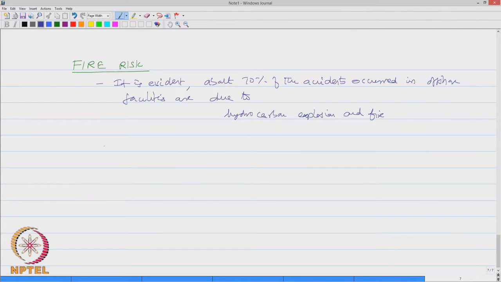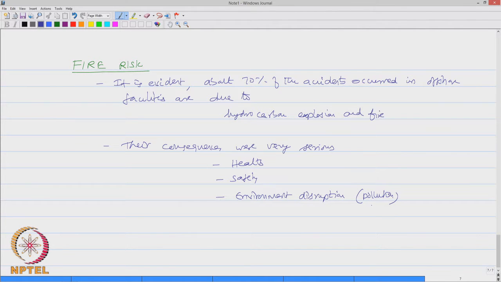It is also seen that their consequences were very serious. It affected health, safety and also resulted in environmental disruption, or let us say environmental pollution.